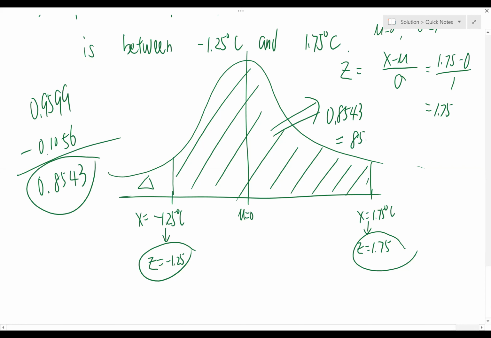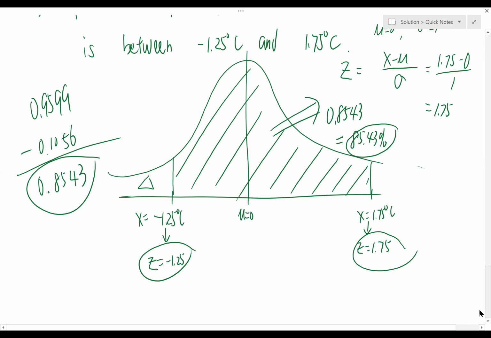This means 85.43% of the data falls in the area in between. Right? And also you can say that the probability for the temperature between negative 1.25 Celsius and 1.75 Celsius is 85.43%. So it gives us an idea how many data values fall in that interval.